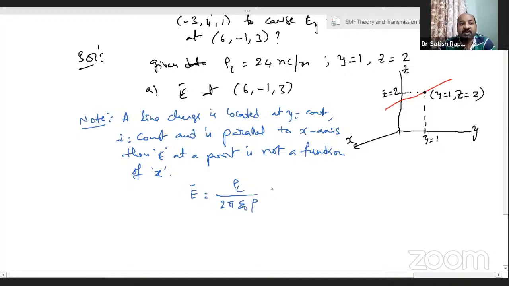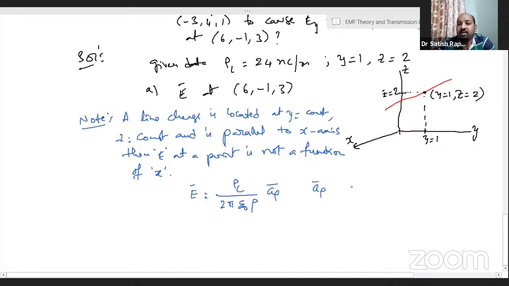So A rho bar is a unit vector directing normal to the line.